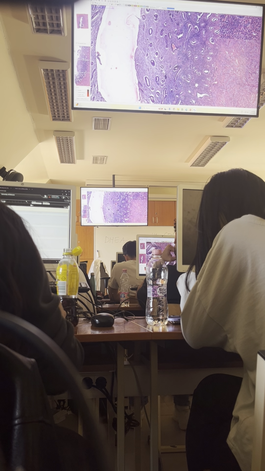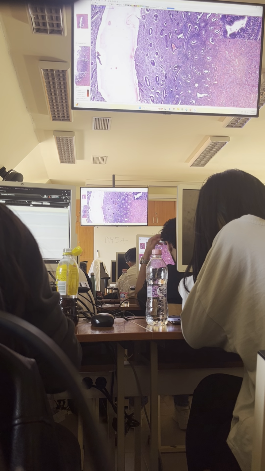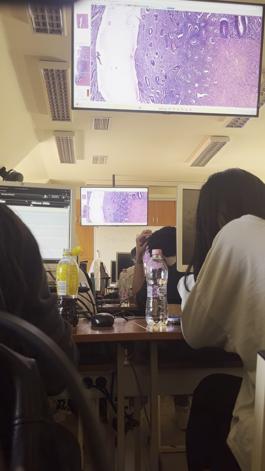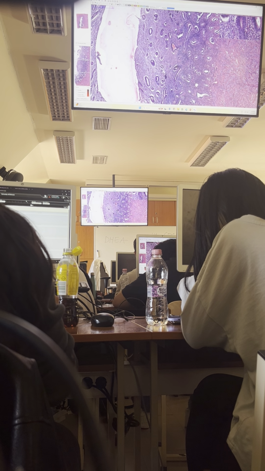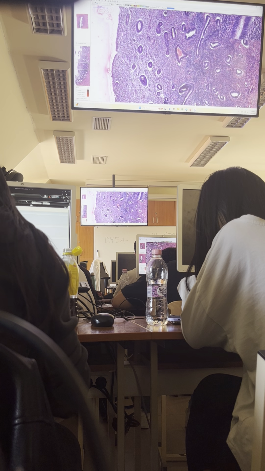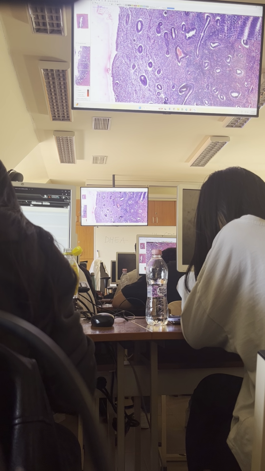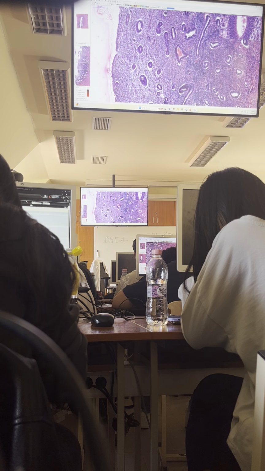And these lumens are the lumens of the uterine glands. And the lumen is quite regular now, because almost no secretion is going on yet. So, very regular order.